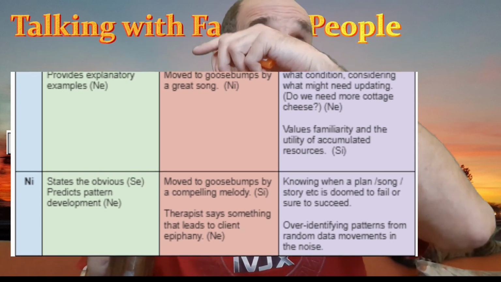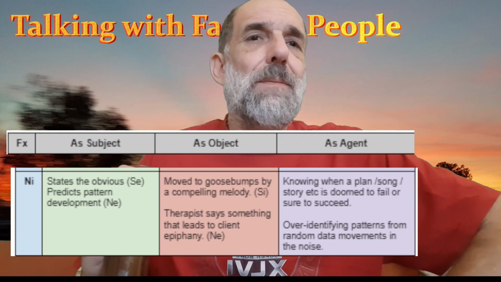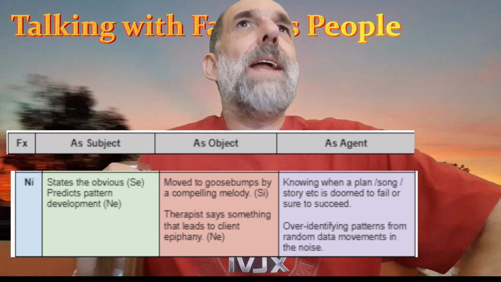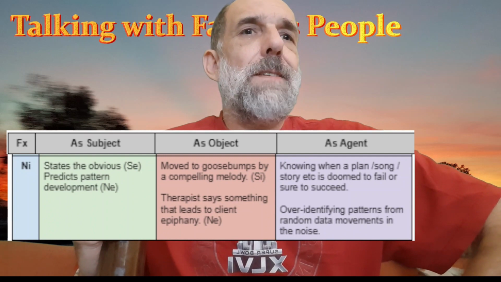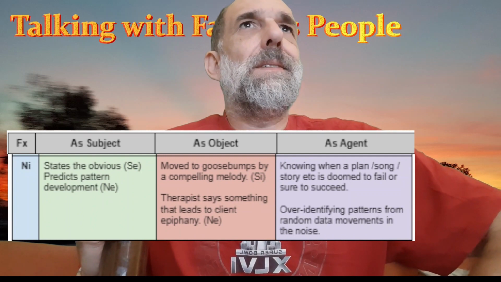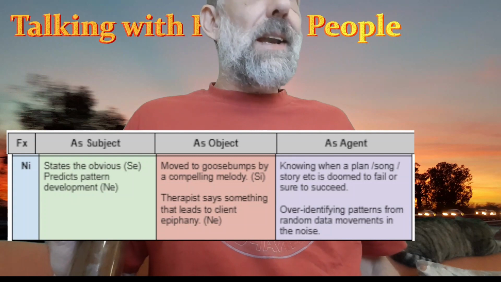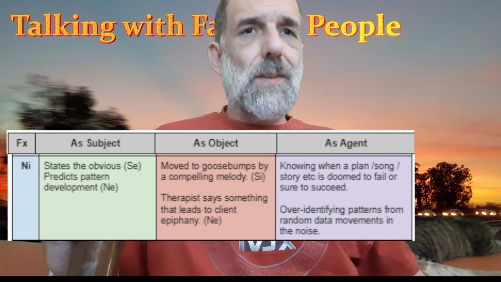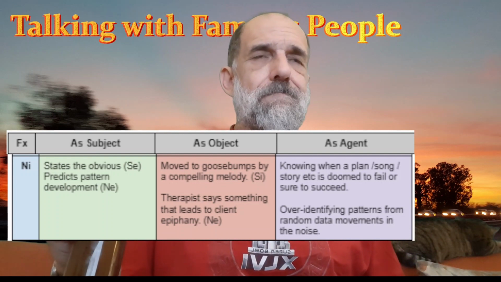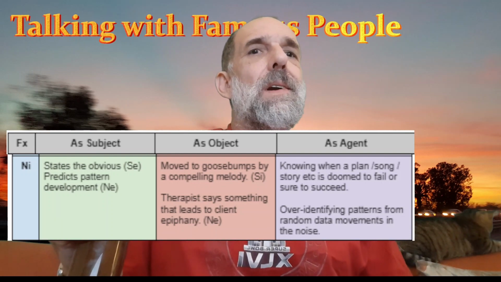And of course, the same thing as before, moved to goosebumps by a compelling melody, except this time it's the NI that's the object, and the SI is responsive. Now let's look at NI as an agent. Knowing when a plan or song or story, etc. is doomed to fail or sure to succeed, or what's wrong with it, if there's something simple.